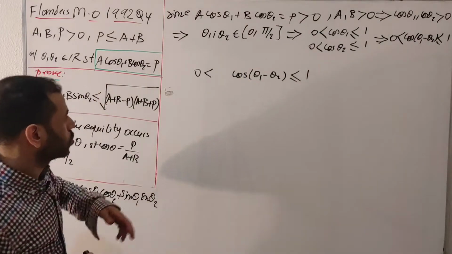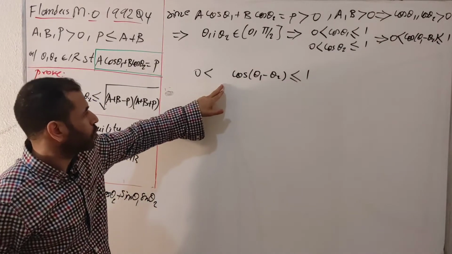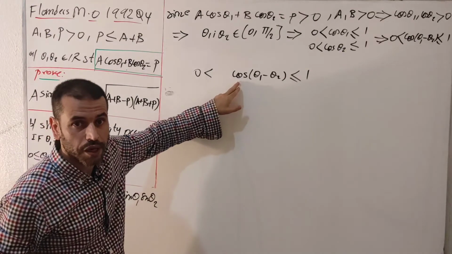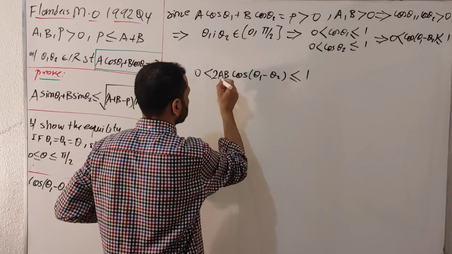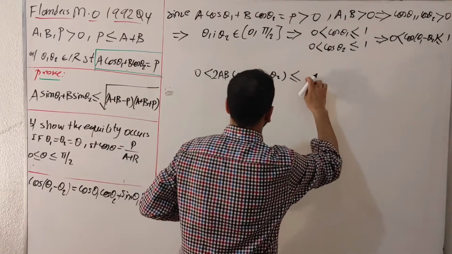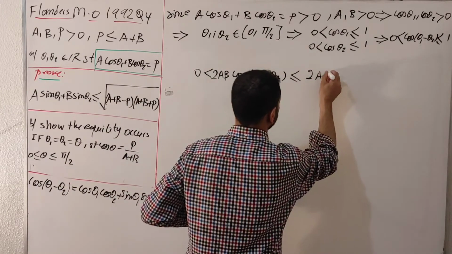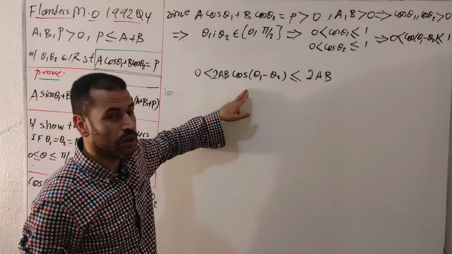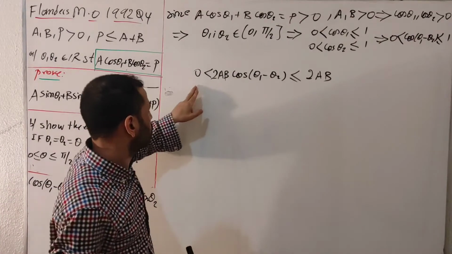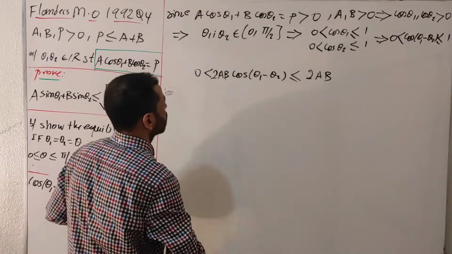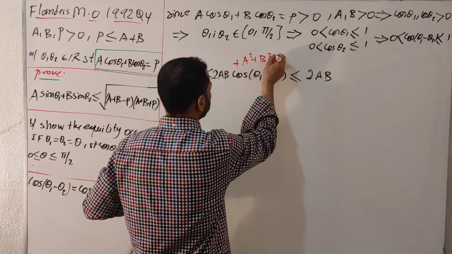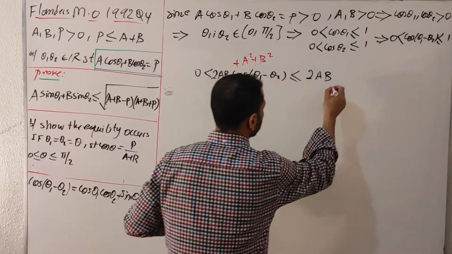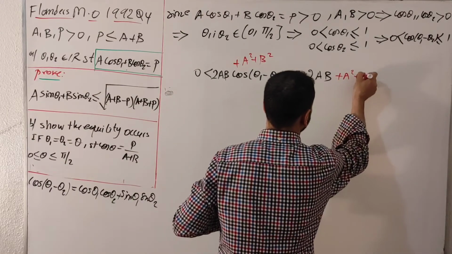What I'm going to do now is multiply all sides by 2ab. Then I'm going to add a square plus b square on all sides. By doing that, we have plus a square plus b square here, and also a square plus b square here.